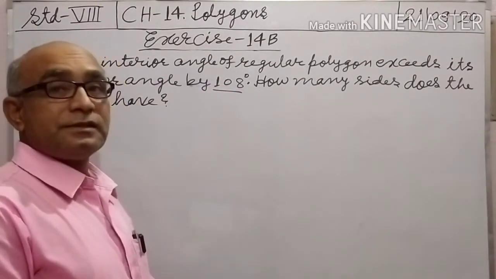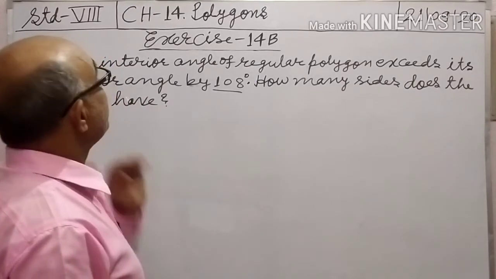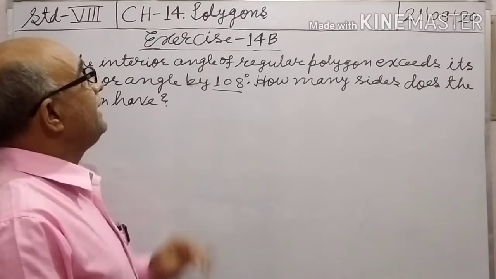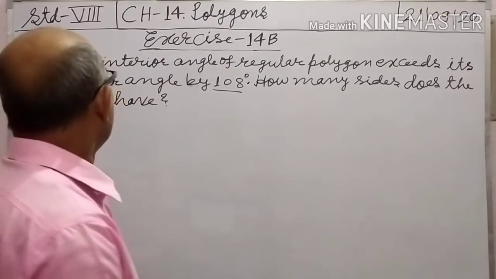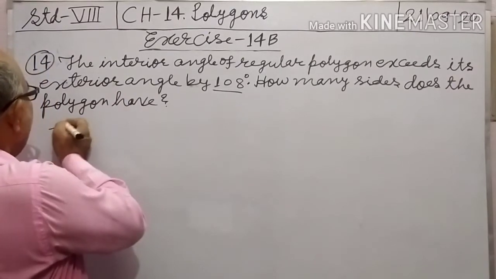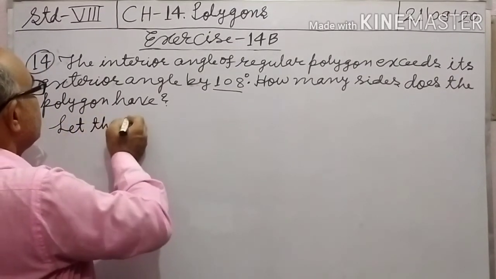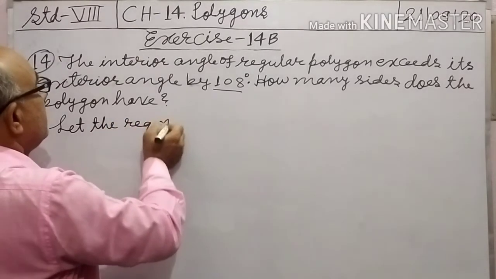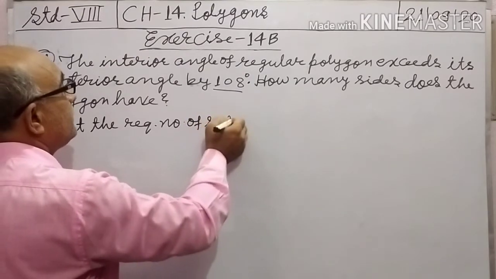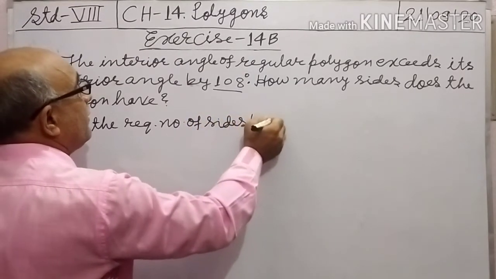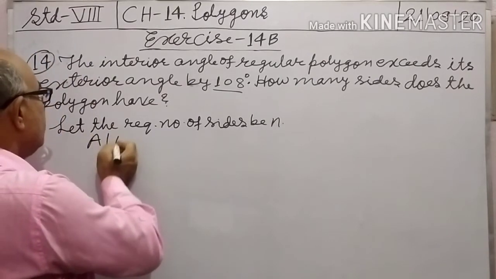How many sides does the polygon have? So let the required number of sides be n.